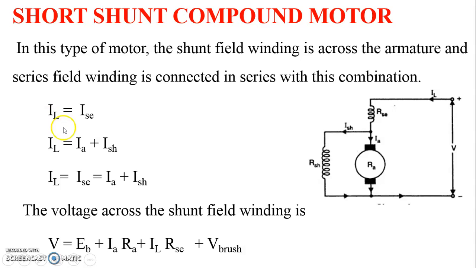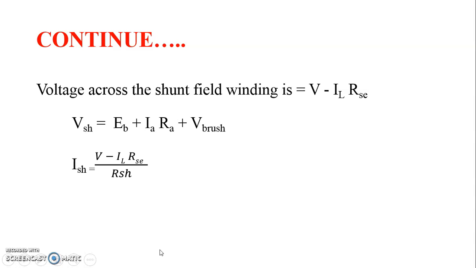From the figure, IL equals Isc, and IL equals Ia plus Ish. By comparing these two equations, we get IL equals Isc equals Ia plus Ish. The supply voltage is V equals Eb plus Ia into Ra plus IL into Rsc plus V brush. We know that the voltage across the shunt field winding is V minus IL into Rsc.